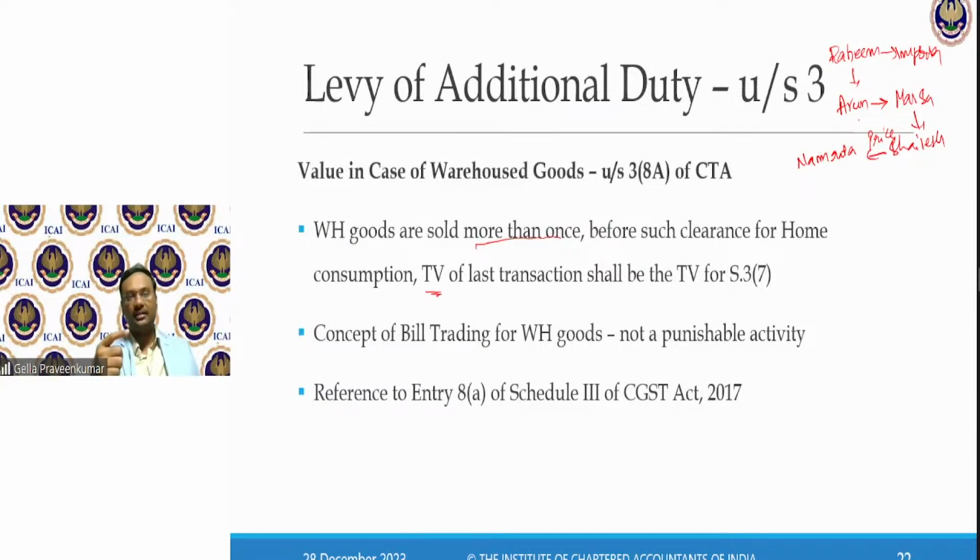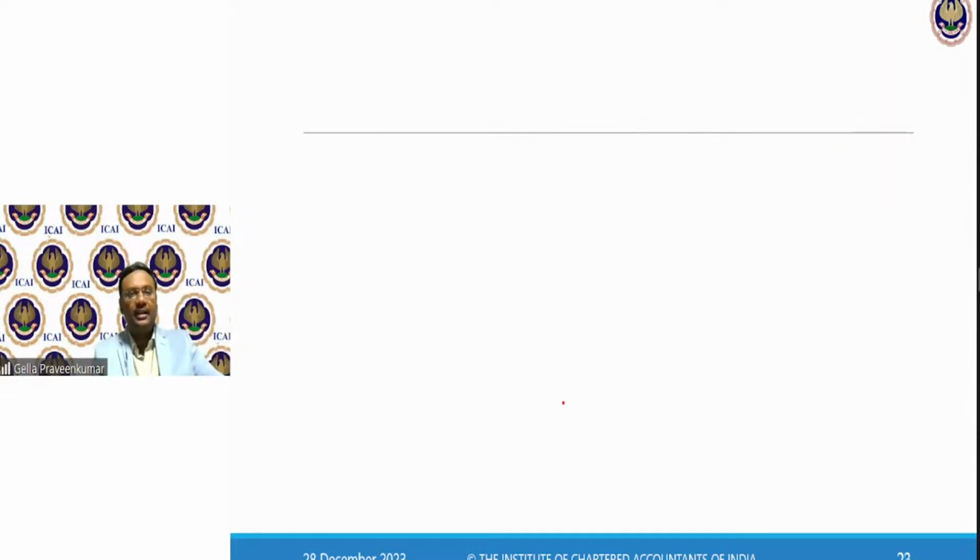So innovation drives your business. How to be competitive, how to be excellent, how to be more into the business. You learn by these tricks which are in existence. Coming back, reference to entry number 8 of Schedule 3, which talks about this IC sale relevant for my valuation of warehouse goods.